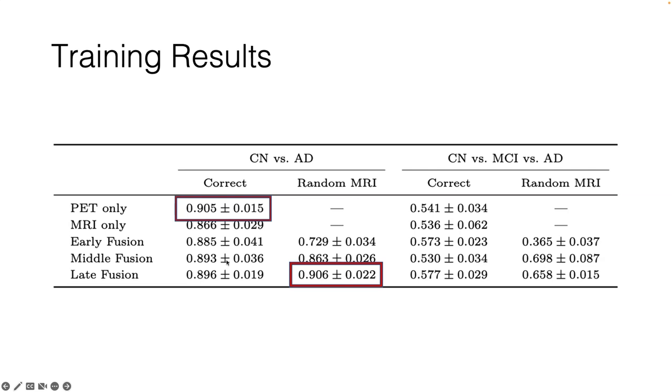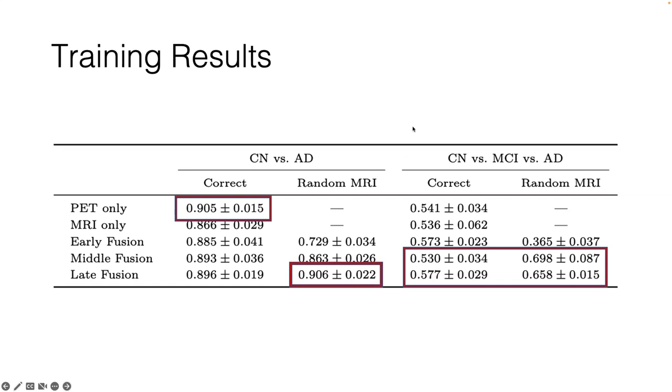So again, that's that trade-off between computational complexity and accuracy. We also see here again that early fusion decreases when introducing MRI images because of randomized pairings hurting the reconstruction of input. As seen here, we actually see 0.885 versus 0.729 here.